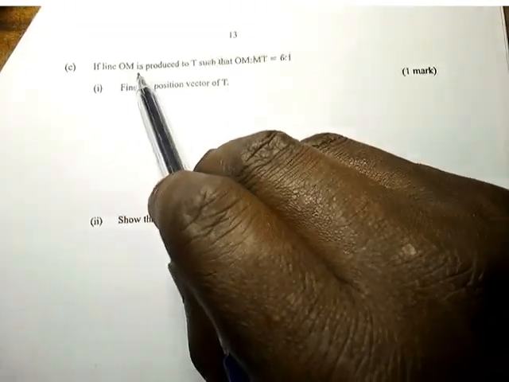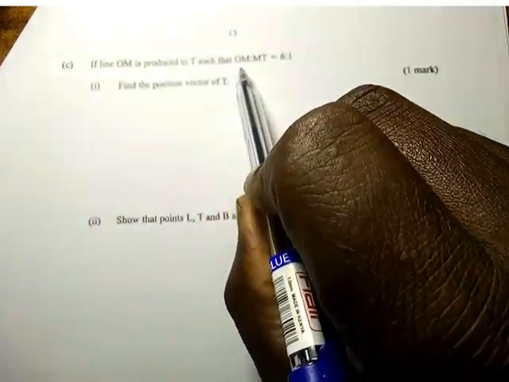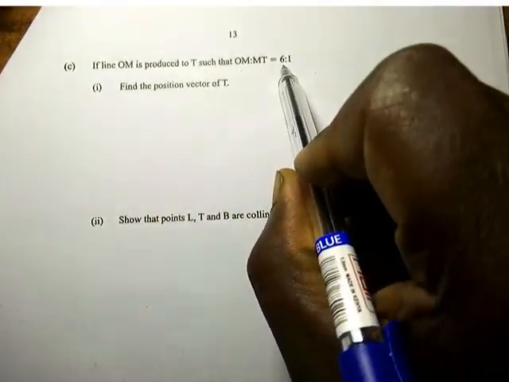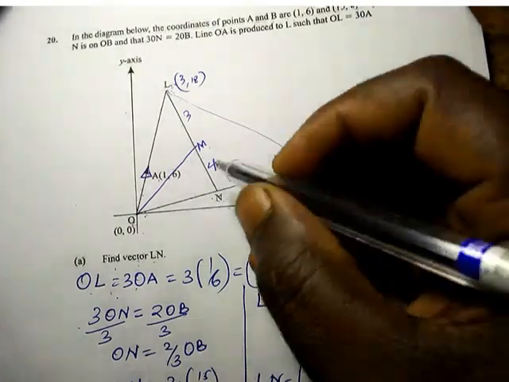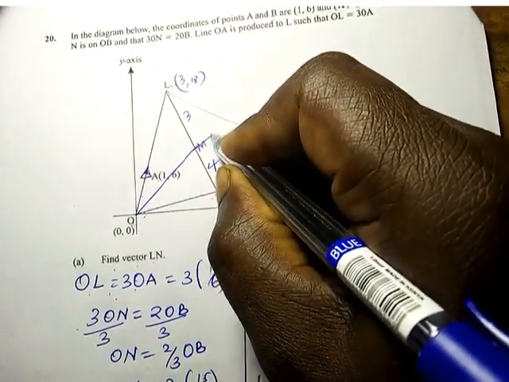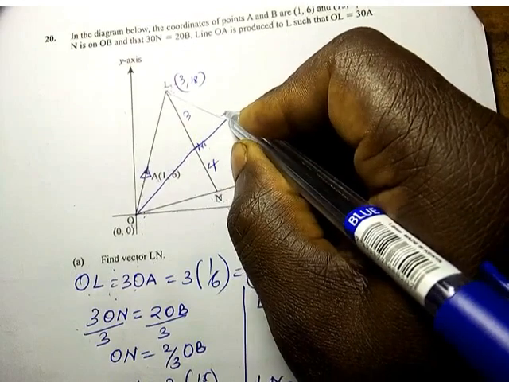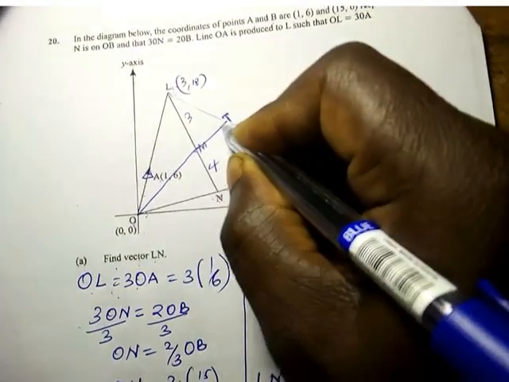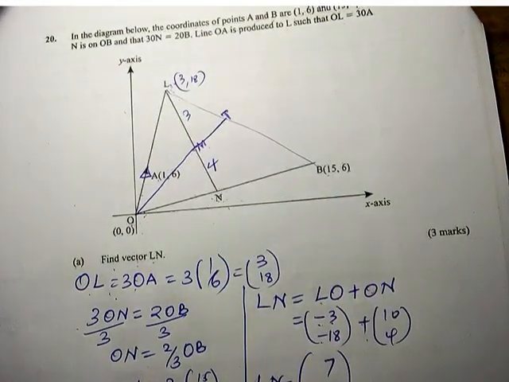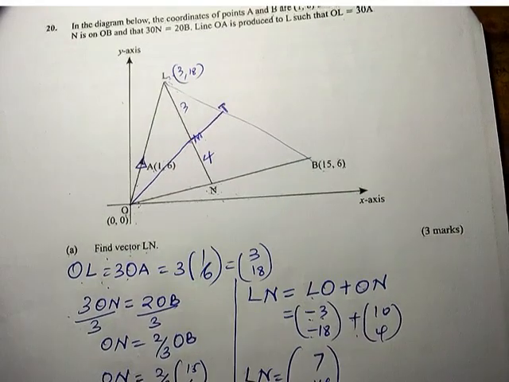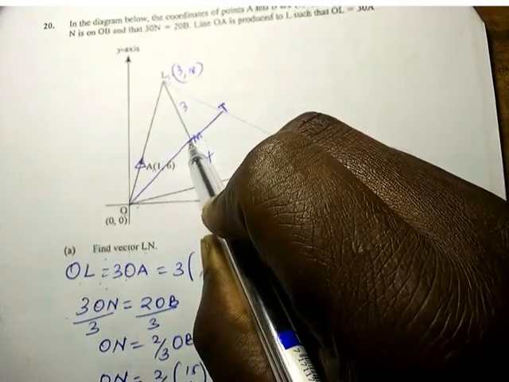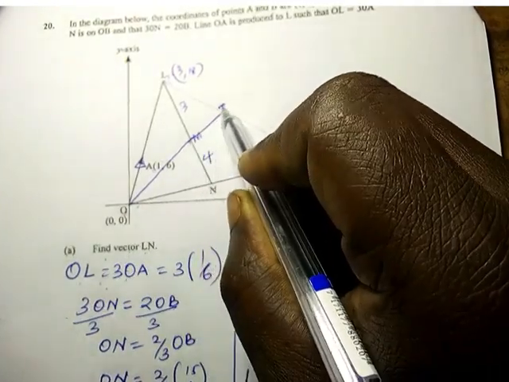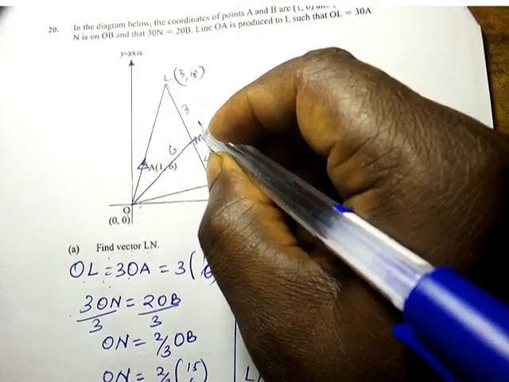If line OM is produced to T such that MT is equal to (6, 1), find the position vector of T. So T is produced from M. Our T is here, such that MT is (6, 1).